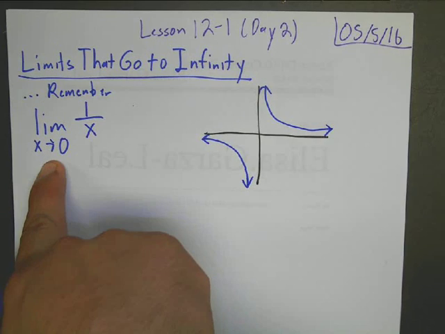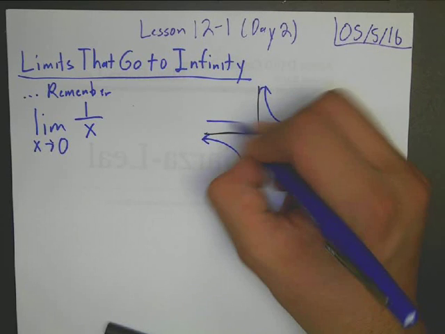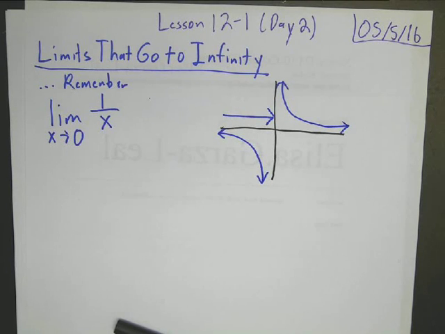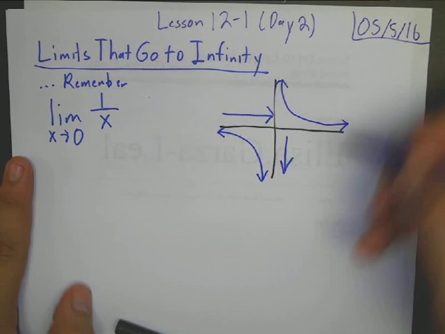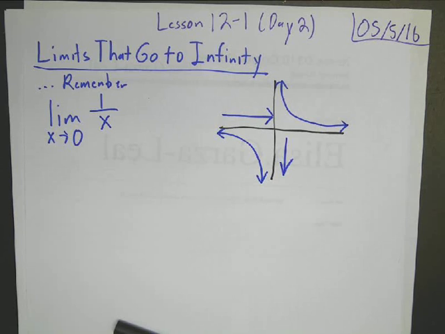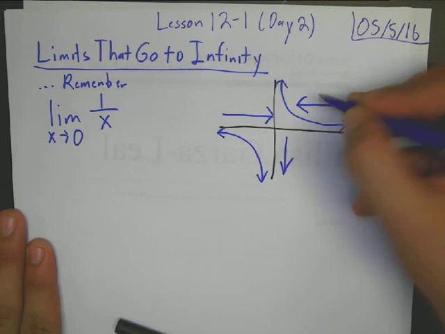So, as x gets closer and closer to 0 from the left side, where is the function going? Negative infinity, right? The function is shooting downward to negative infinity. But recall that when the function approaches from the right side, where is the function going?